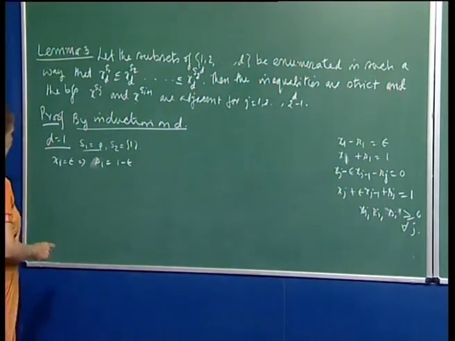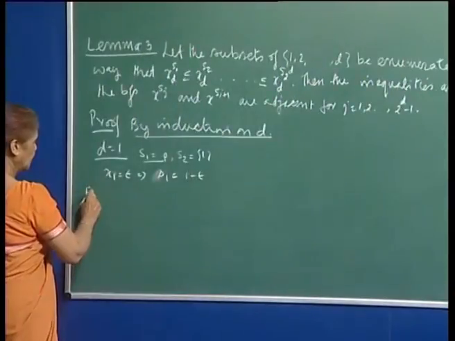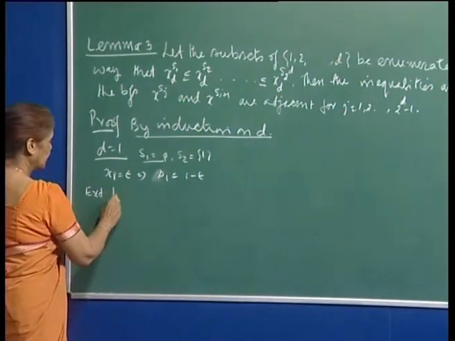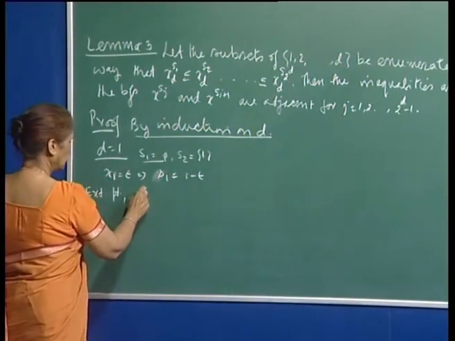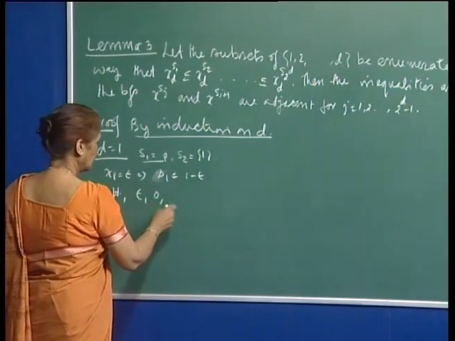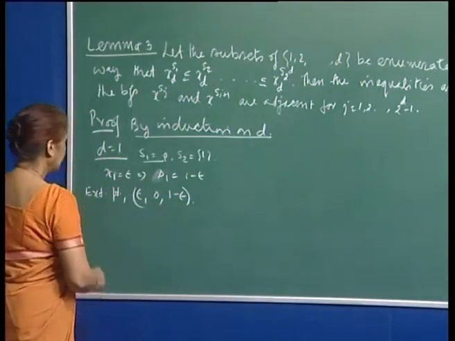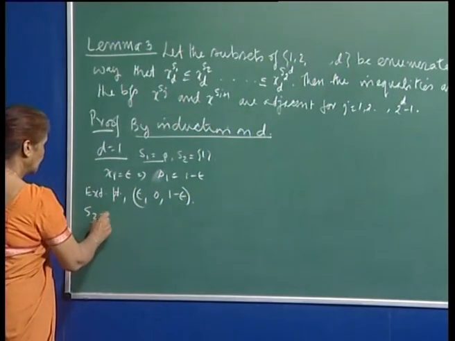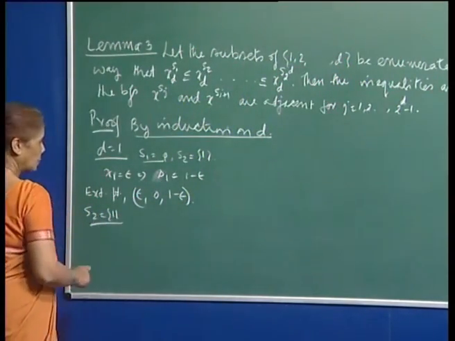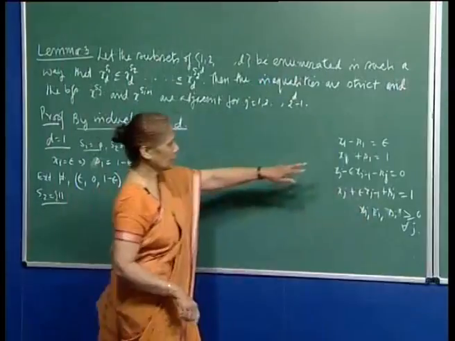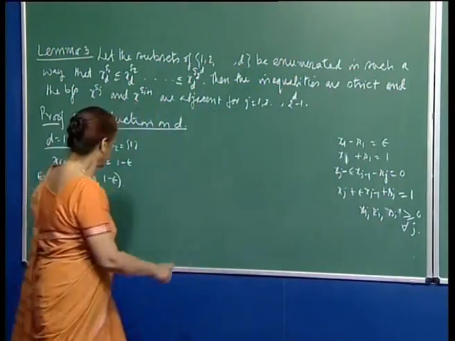So, the corresponding extreme point will be what? Epsilon, then 0 and 1 minus epsilon, right. And for S2 equal to 1, R1 is there, S1 is 0. So then X1 becomes 1, right.